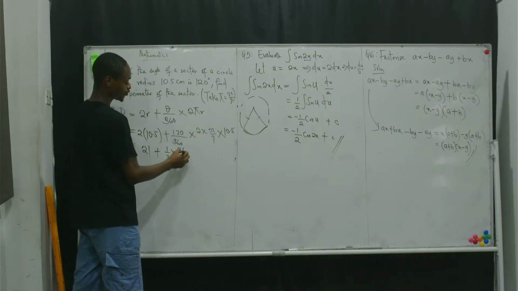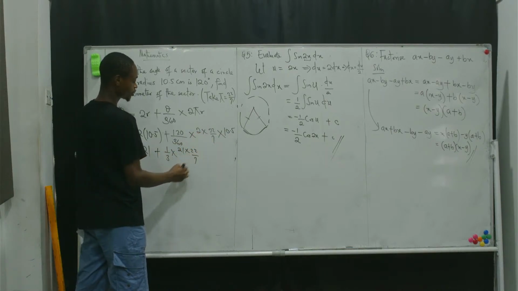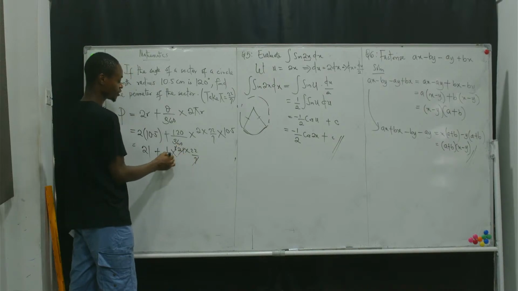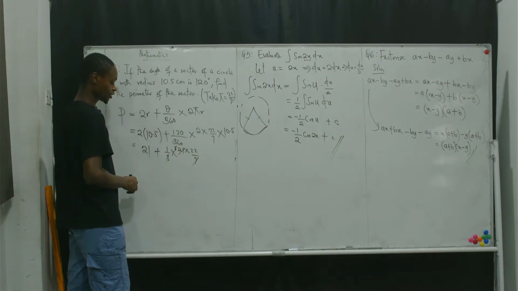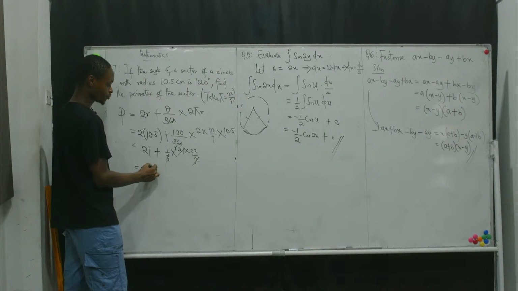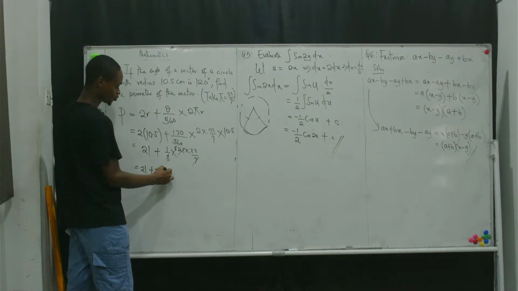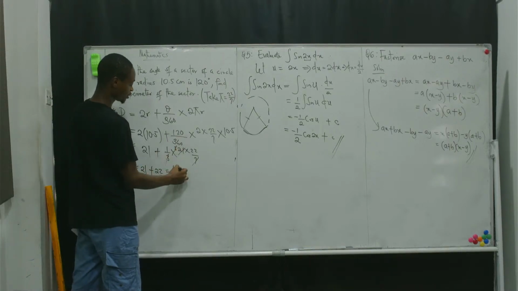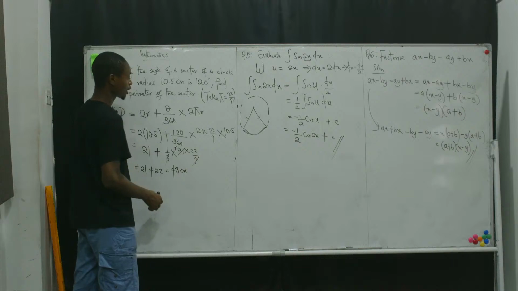That's 2 times 10.5 times 22 over 7. So 7 cancels here, you have 3. 3 cancels here, you have 3. So you are left with 21 plus 22, which gives you 43 centimeters, right?